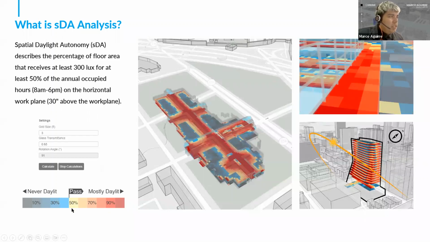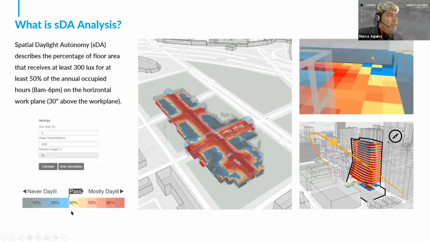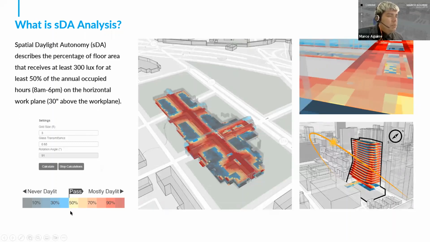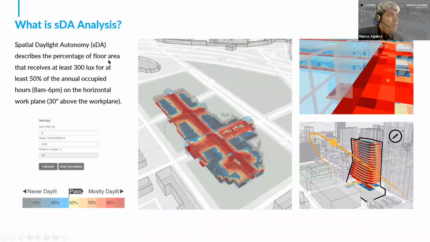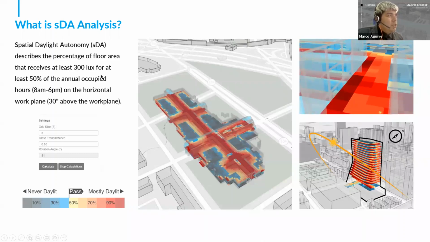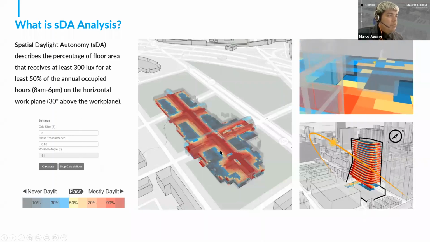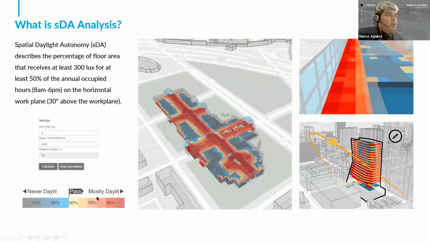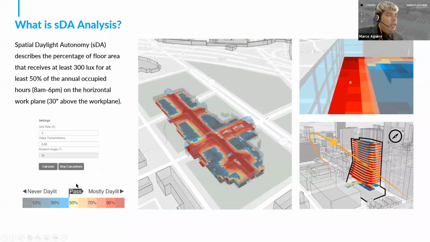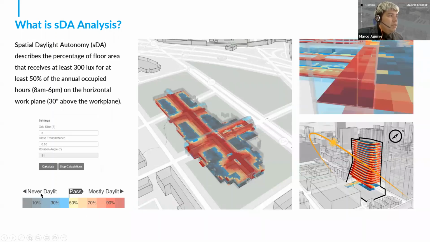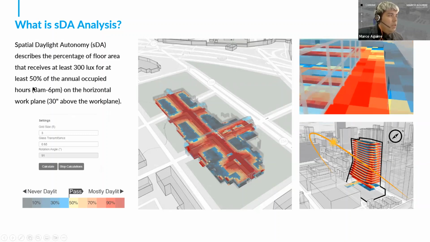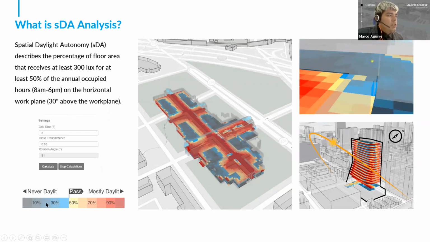So if it's receiving over 50% SDA, so for over 50% of the occupied hours you have sufficient daylight, which is over 300 lux, you're going to get a grid point that's colored yellow, orange, red within that level. If it's not receiving sufficient daylight for a majority of the occupied hours, then you're going to get this darker coloration.